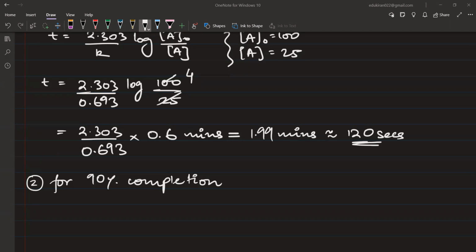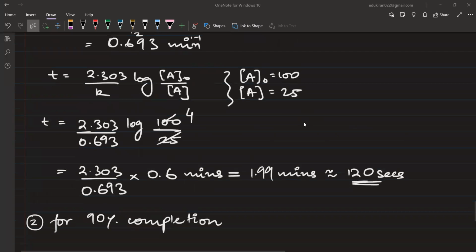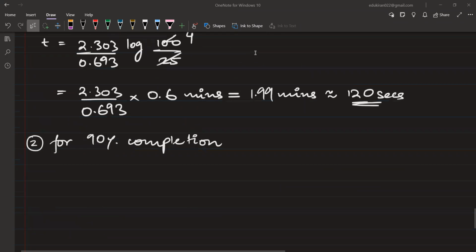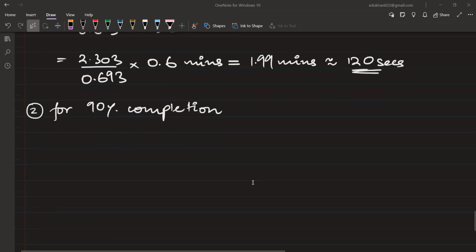Tell me, for 90%, it will be 100 by 10, right? Very good. Okay, Meenakshi, you are not using a calculator, are you? Yes, sir. No? Okay. The correct answer is right.